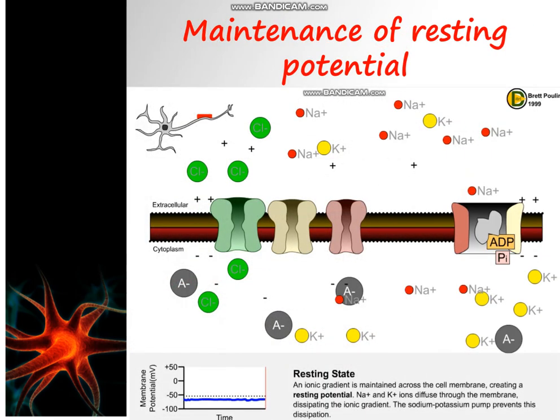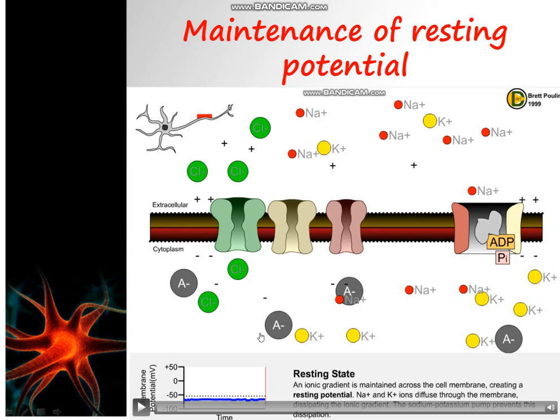And now, how the resting potential is maintained. This is the cell membrane of the neuron. This is the extracellular medium, positively charged. Concentrations of Na+ and Cl- in this extracellular medium are greater than those in the intracellular medium, the cytoplasm, which is negatively charged, and in which there are the A-.